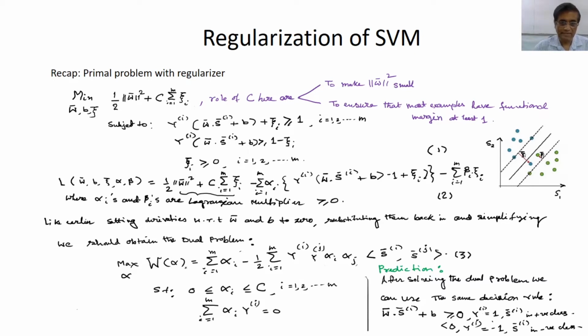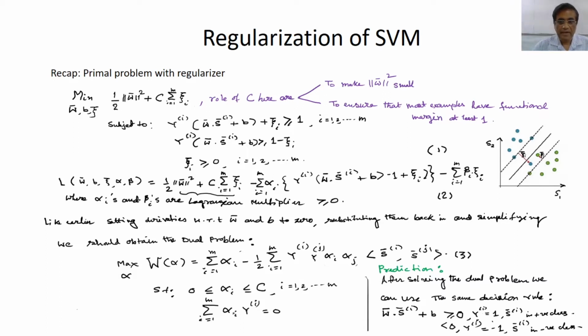So what is new here? This is the dual problem, just like earlier. There is no change in the dual problem, but the constraint is different. Earlier it was 0 less than or equal to alpha I. Now alpha I, the Lagrangian multiplier, is between 0 and C, where C is the regularizer constant.